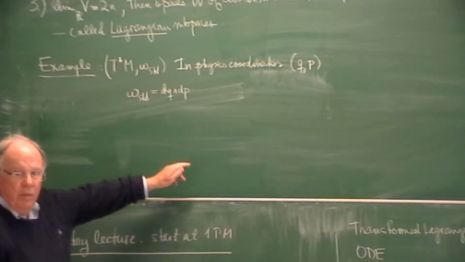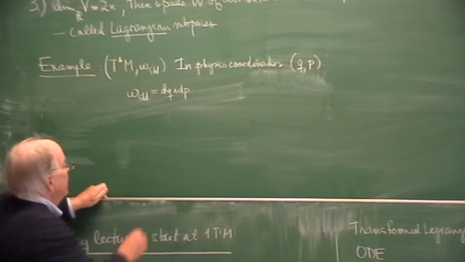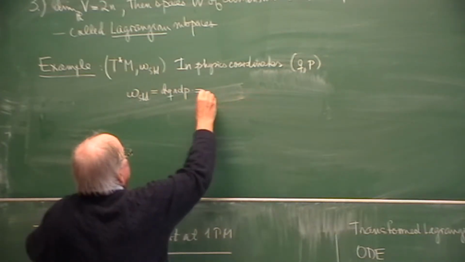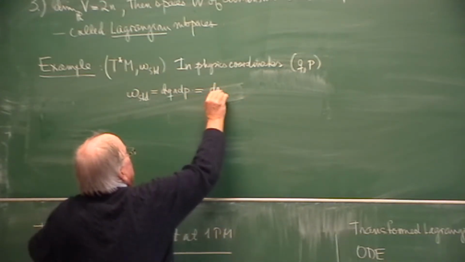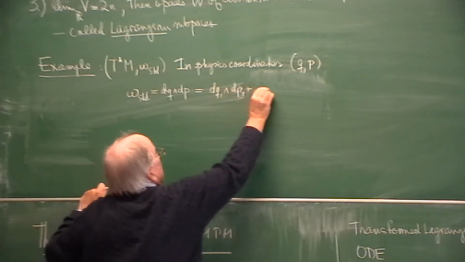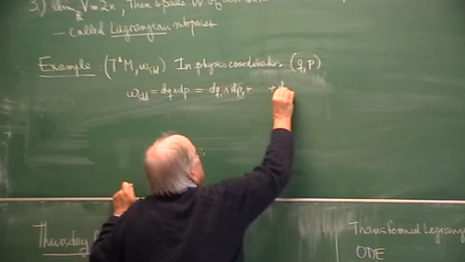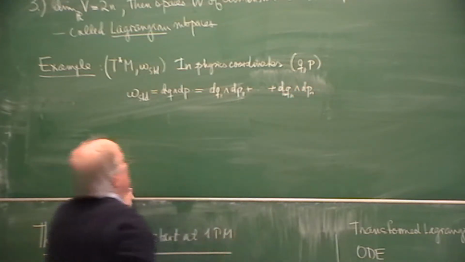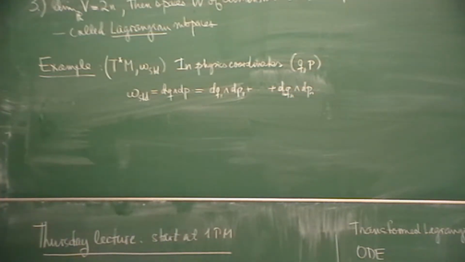Of course, I'll remind you what that means. q is of course q1 to qn, so this is dq1 wedge dp1 plus up to dqn wedge dpn. Okay? So that's a standard example.